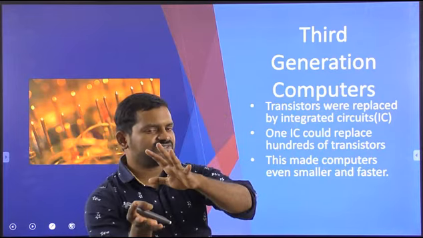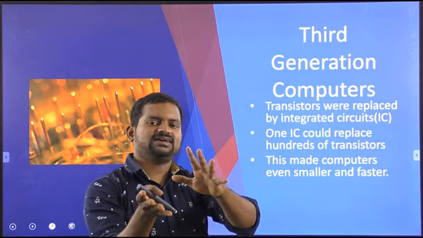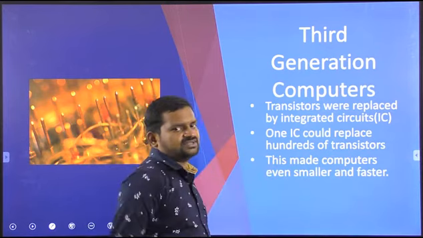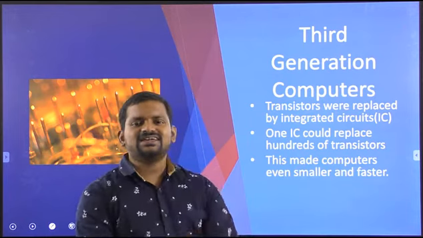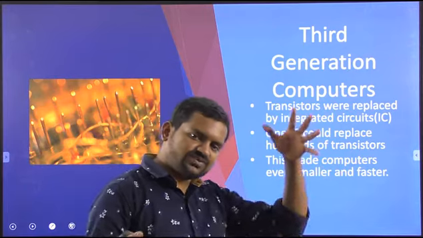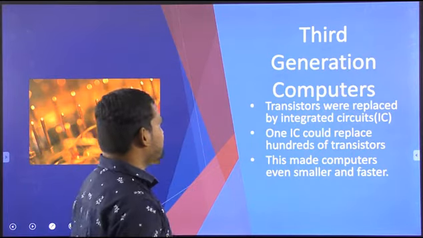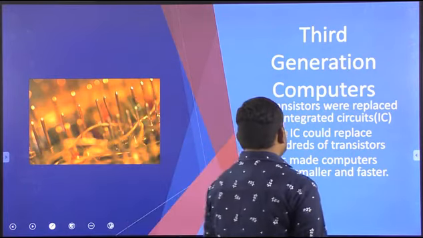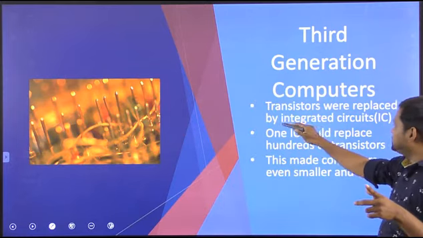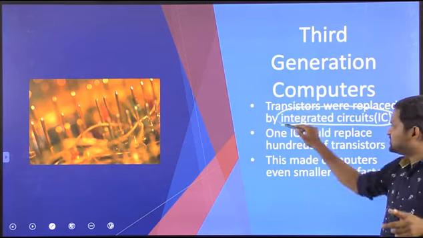Modifications are done from generation to generation. In the third generation, the computer systems became very small, where transistors were replaced with integrated circuits.